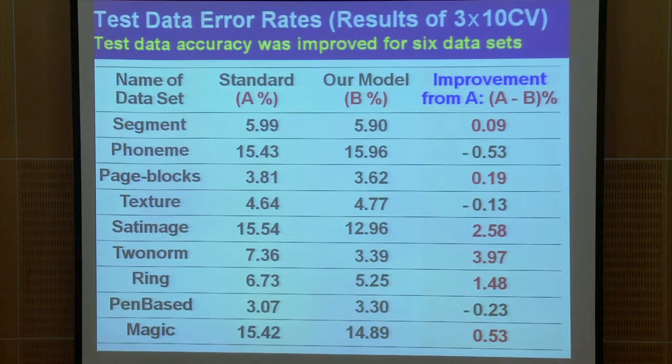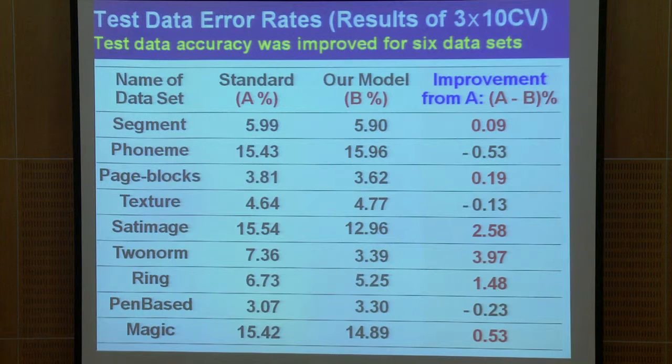I also examined the test data accuracy using 10-fold cross-validation, 3 times 10-fold cross-validation. Then we calculated the difference between standard result and our model result. This slide shows the result.